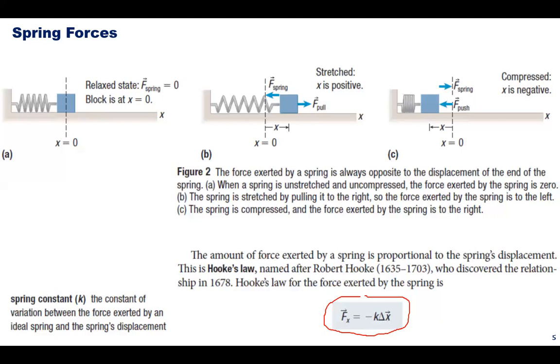Springs that stretch easily have smaller values of k. An essential feature of Hooke's law is that the direction of the spring force is opposite to the direction of the displacement from the equilibrium. If delta x is upward, then Fx is downward, whereas if delta x is downward, then Fx is upward.